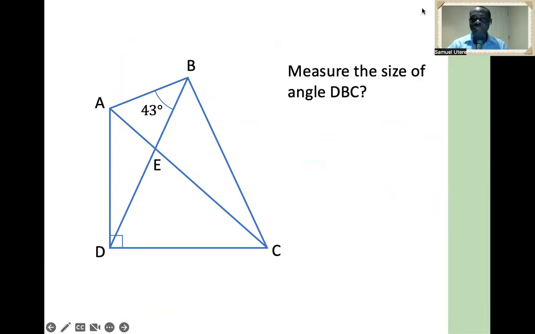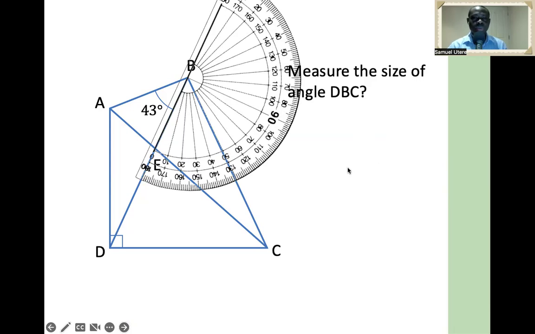Well, the approach is the same. Remember how we label angles. The middle letter tells us the position of the angle, and it also gives us an idea of what line segments are bounding the angle. So in this case, the line segments are DB and CB.